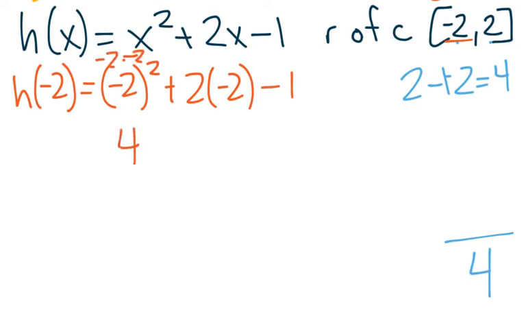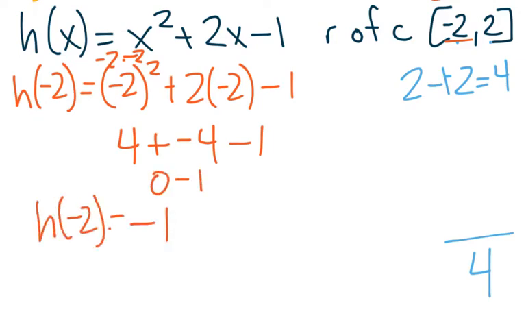So I'd get positive 4 plus 2 times negative 2, negative 4 minus 1. 4 plus a negative 4 is 0. 0 minus 1 is negative 1. So h of negative 2 equals negative 1. So for my vertical change, I've got minus a negative 1 equals something. Now I do the positive 2.